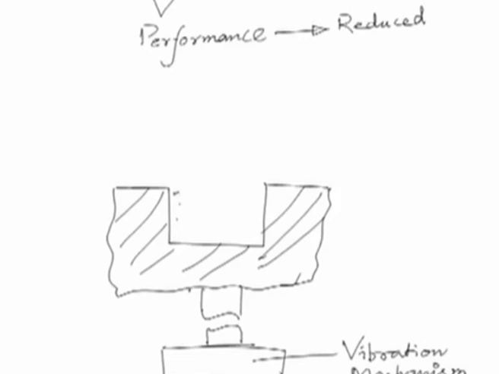Then while vibrating, the abrasive particles or the slurry that is coming in contact with this will also be kept on vibrating because of the workpiece. So, this will hit the workpiece, this will hit the abrasive particles and keep them vibrating in the machining zone instead of getting clogged inside, and the effectiveness of the abrasive particles will increase in this way.